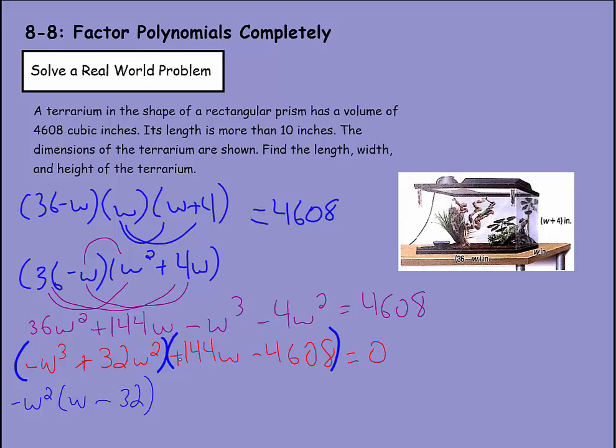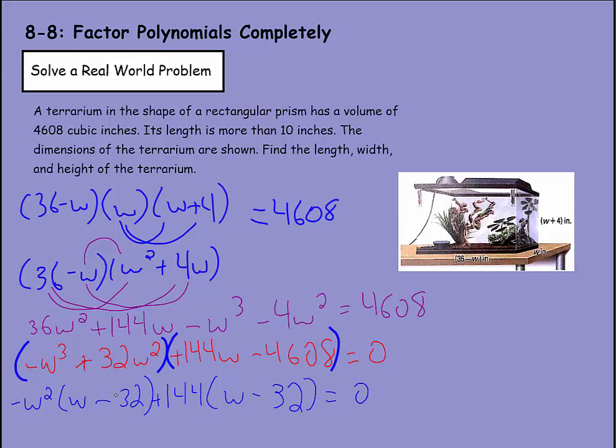For these ones, I have a hunch that 144 is going to be a factor of 4608. So if I divide both of these by 144, that would leave 144 out here. It's plus 144 because it's positive. That would leave me with w minus 4608 divided by 144, which is 32. That needs to equal 0.